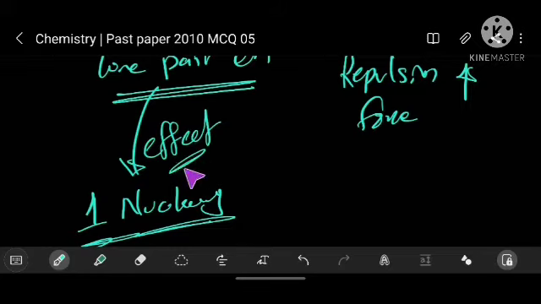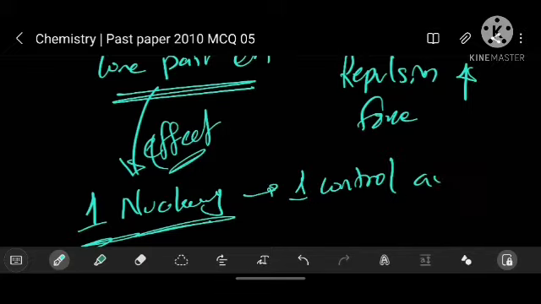So this pair of electrons has a substantial amount of repulsion force between them, and they have only this one nucleus controlling them.